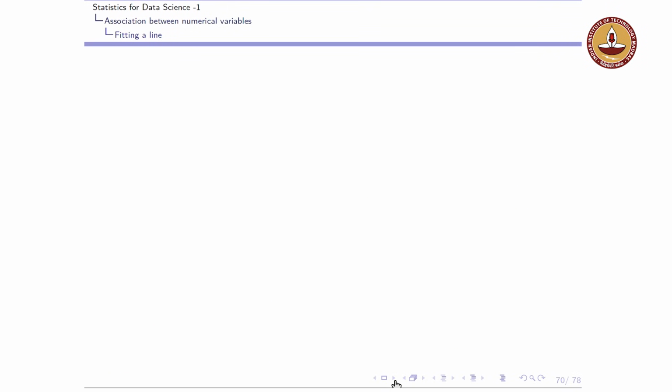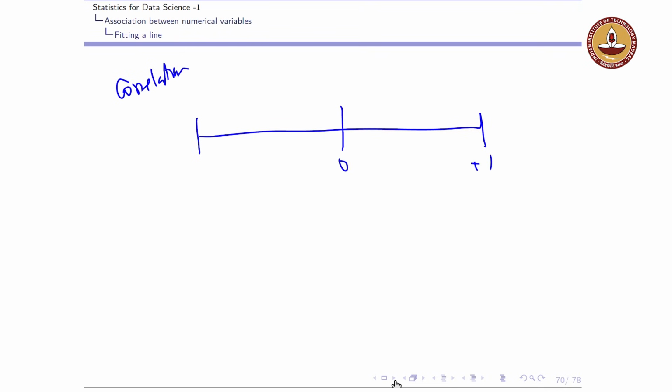So, let us go back to our data here. You can see that when I have a correlation closer to 1, my R square, which is the square of this, would also be closer to 1. The first thing is my R square will only lie between 0 and 1.